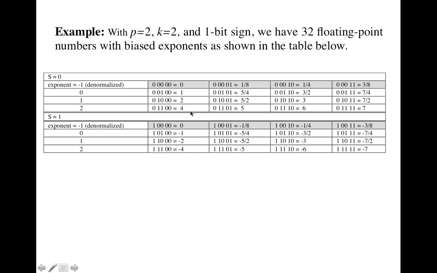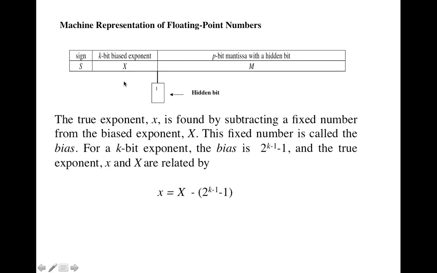Now let's talk a little bit about the representation itself. There is this notion of a denormalized number, which I have to mention, and that means that when numbers are denormalized, this hidden bit is assumed to be 0. That's the only time that we assume that.